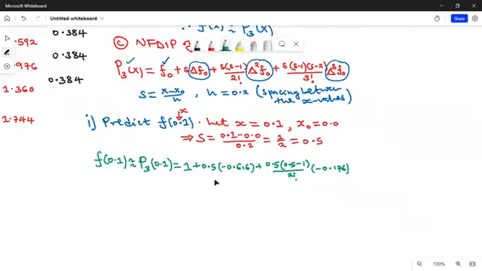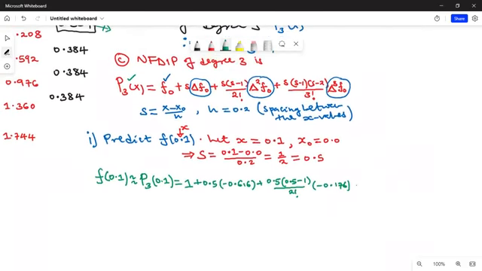Then we have plus s, which is 0.5, times s minus 1, that is 0.5 minus 1, times s minus 2, that is 0.5 minus 2. This is now over 3 factorial, times delta cubed f naught, which is 0.384. You can press this in your calculator. Press the whole of that.